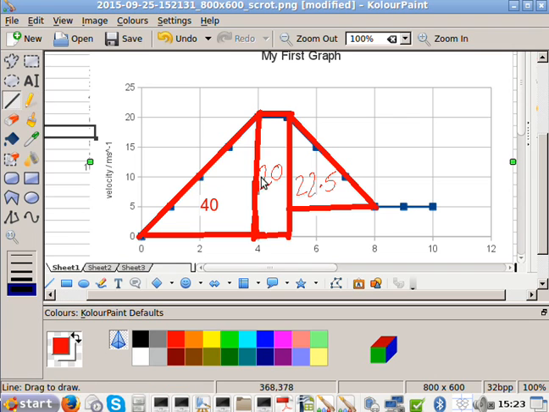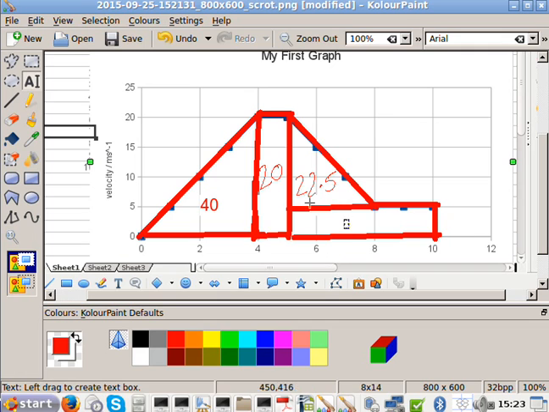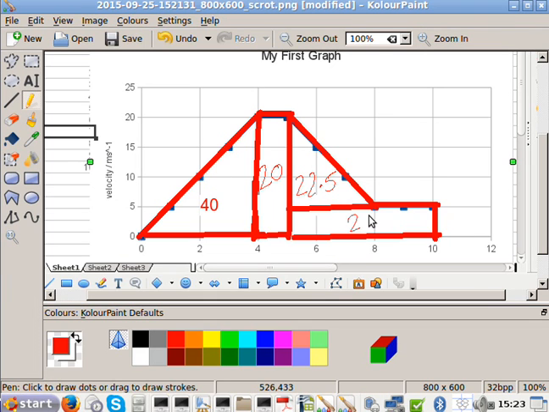And the final shape is this rectangle here. How big is this base? 5, and the height? 5. So the area here is 25. The total is 40, 20, 22.5, 25, which is 107.5.